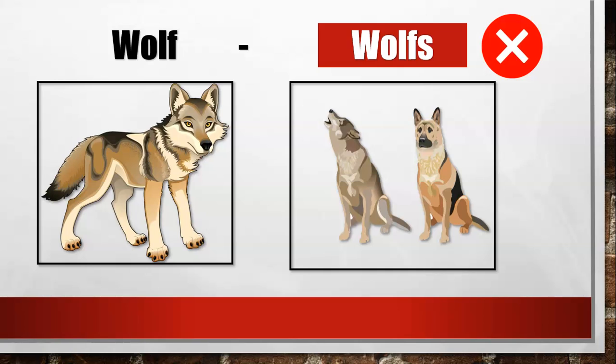Is it? No, that is incorrect. The right plural is wolves. So one wolf, two or three or four or many wolves. So we even have a collective noun for wolves. We say a pack of wolves.